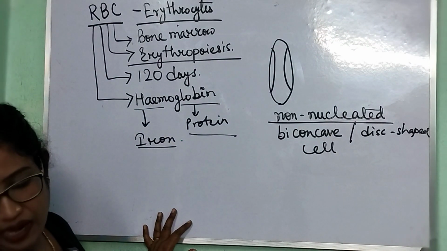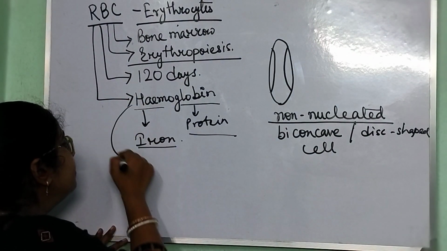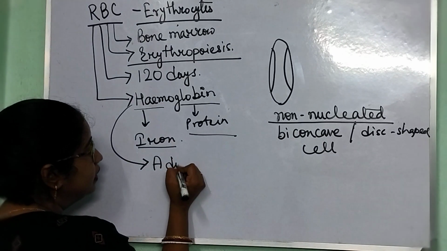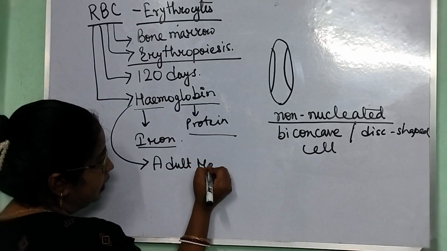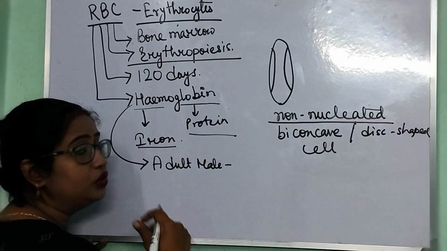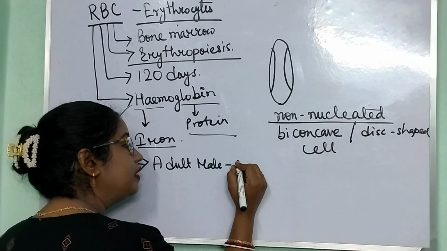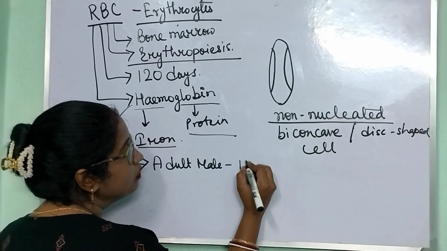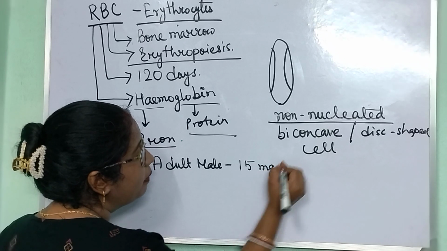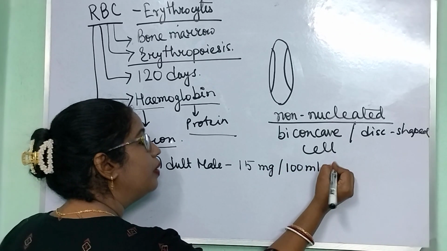So in an adult human, the hemoglobin in an adult male, the total amount of hemoglobin is nearly 15 milligram per 100 ml of blood.